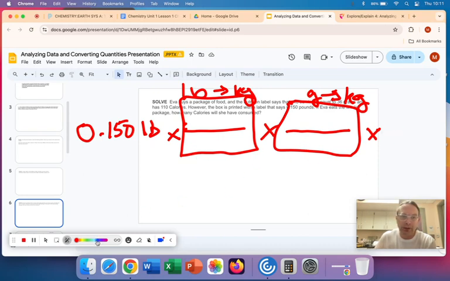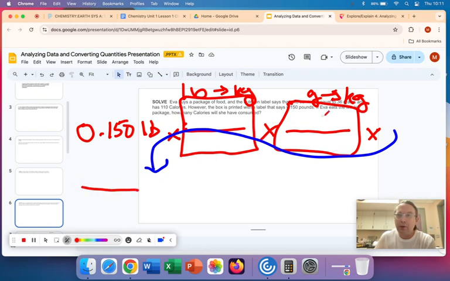Let's make this clear for you. Okay, and then your answer there, we want to go from, oh, I said this wrong. Kilograms to grams right here. So then we should have grams, right?